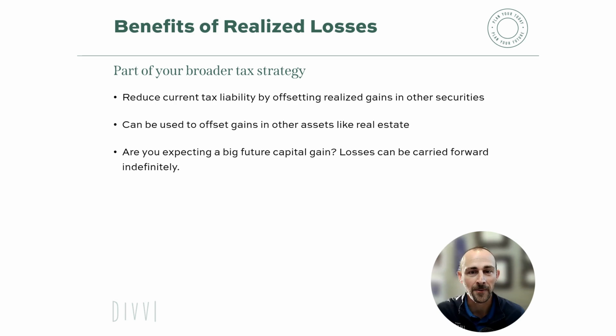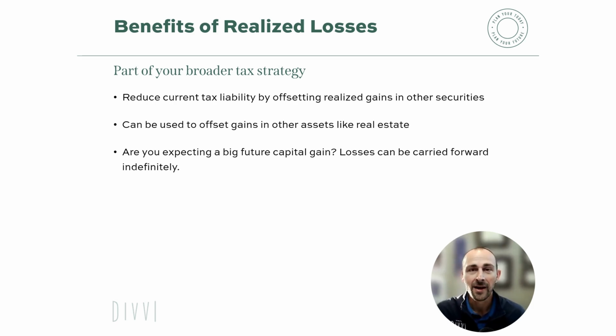So we think of losses as part of your broader tax strategy. When you have capital gains in your portfolio, you usually have to pay a tax. There's a capital gain tax depending on your income level that's generally going to be either 15 or 20%.